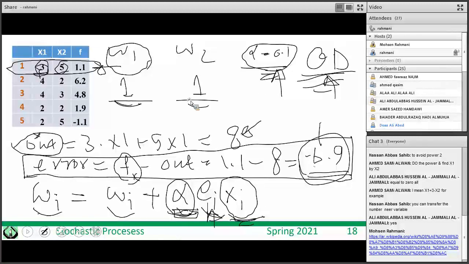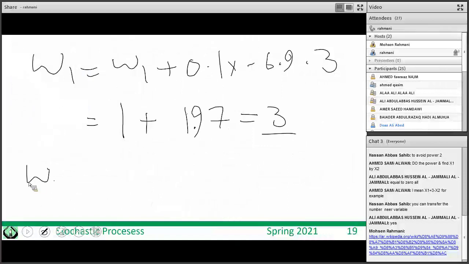Ei is the error: if I use 1 and 1 in this system with the input 3, 5, we get 8, so the error is the difference between 8 and 1.1, and this is minus 6.9. So I modify W1.